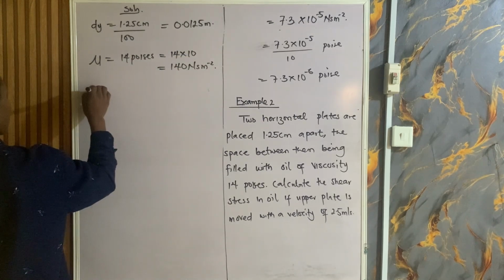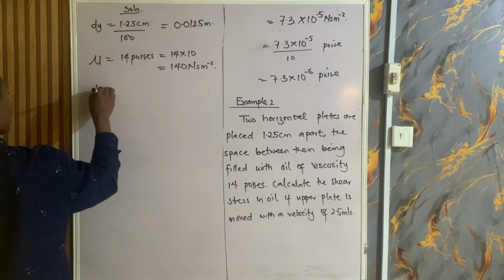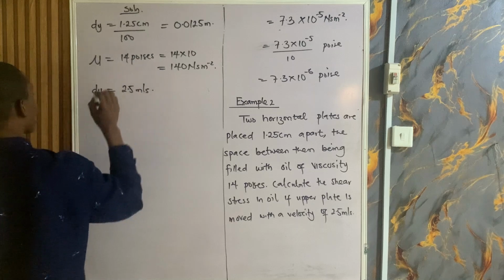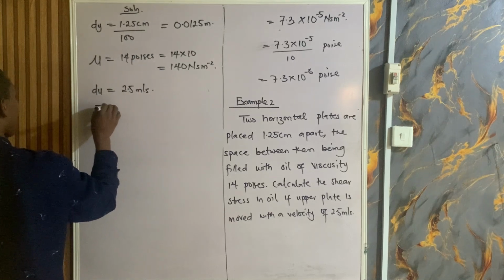Next is our velocity, which is our du, and that is 2.5 meter per second. So we can say we're looking for the shear stress, that's the required.